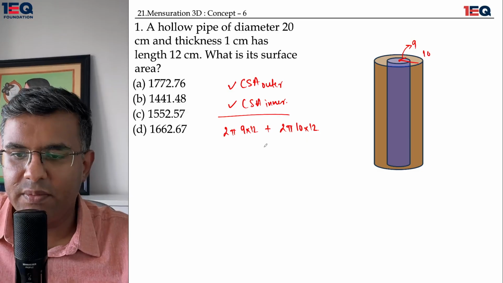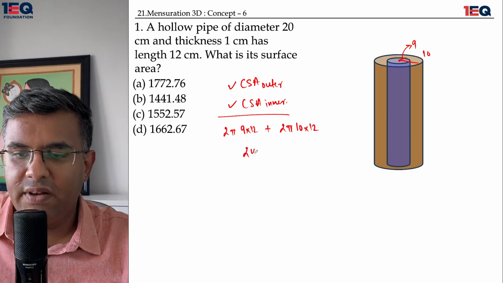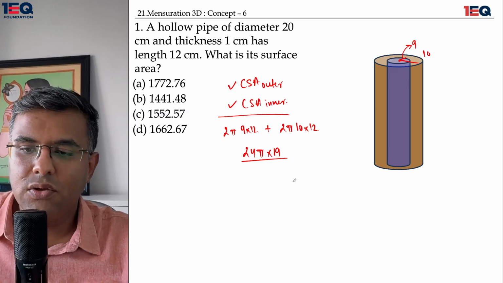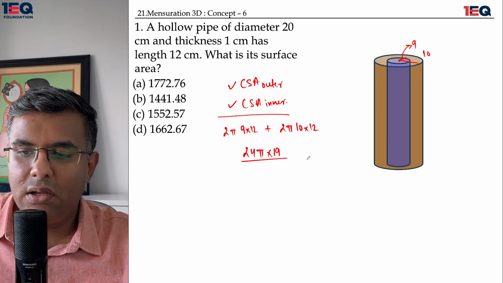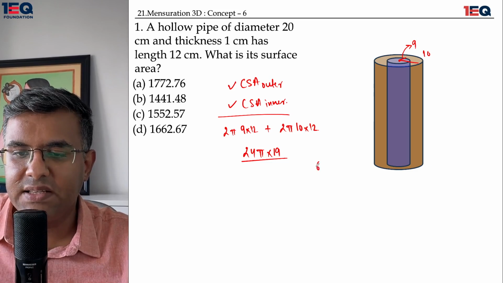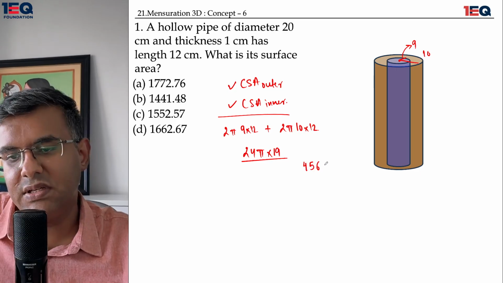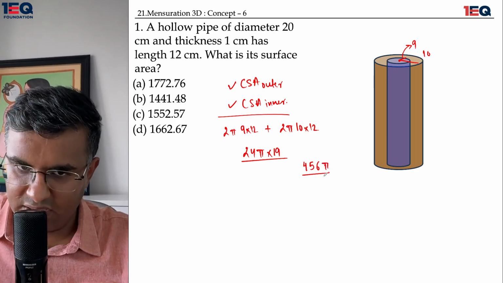I'll add both of them up. So I will get 24 pi common, and the 9 and 10 would get added up to 19. So I would get 19 into 24, which is 456 pi would be my answer.